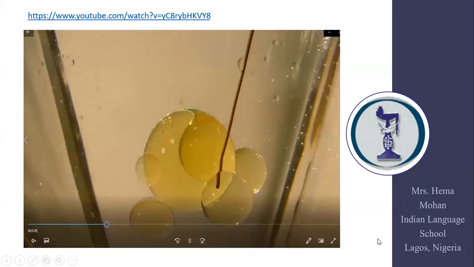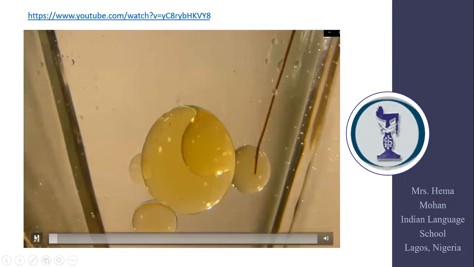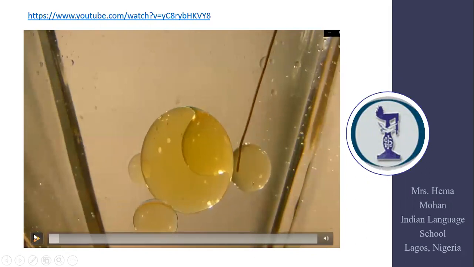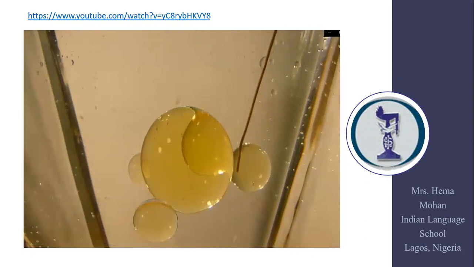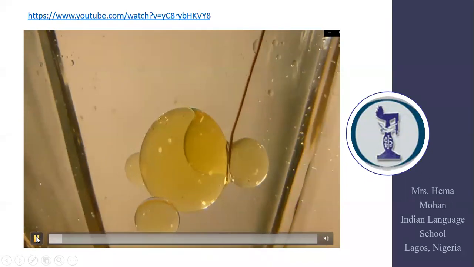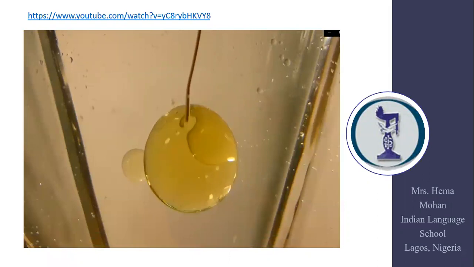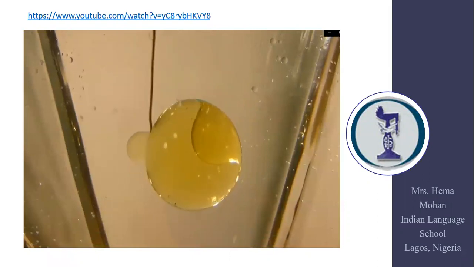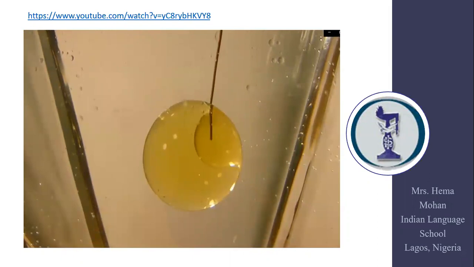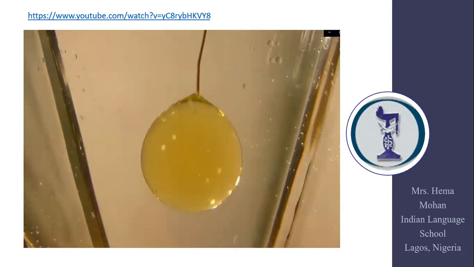Now, another example over here, which cannot be actually done at home. The previous two examples that I showed, you can still try at home, but this one is a little difficult because you need to maintain the density. What you are actually seeing here is a container having water and alcohol mixed in such a proportion that the density becomes equal to that of the density of olive oil.